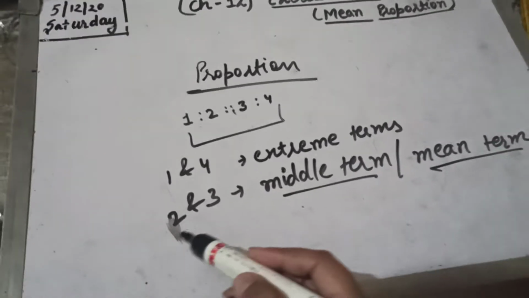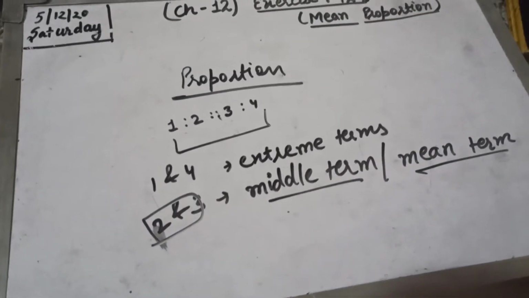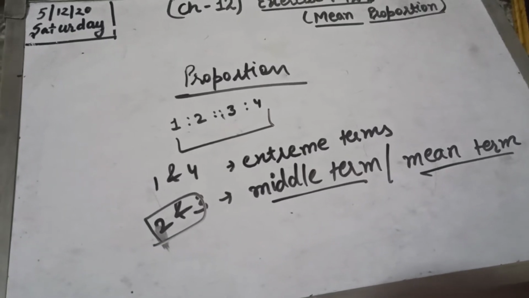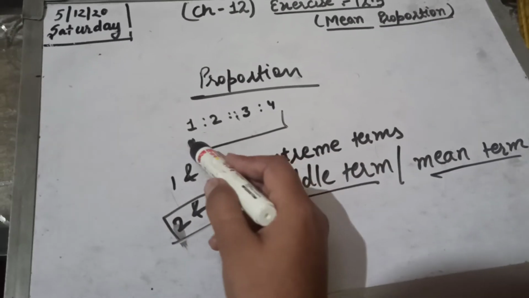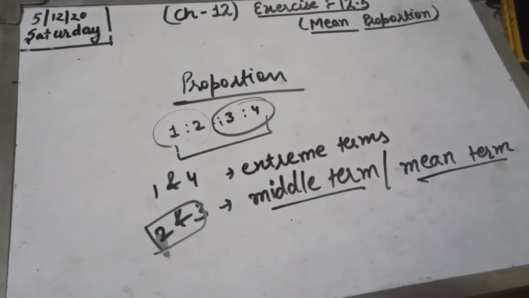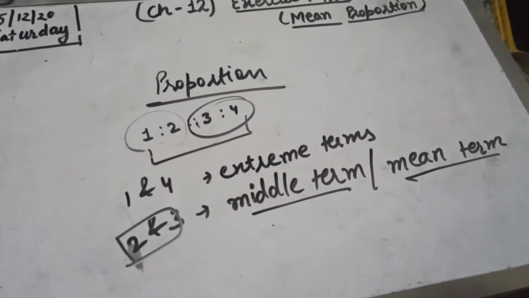So, in this, the mean is about the second and third term, right? And proportion is given, it means two ratios are there. One ratio is this one, the second one is this. A proportion happens only when both the ratios are equal, right?